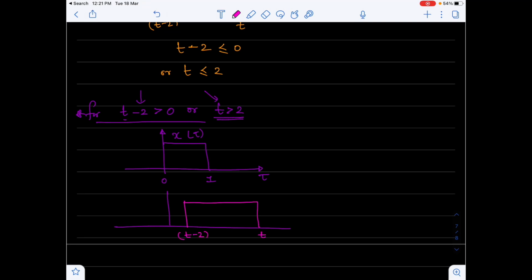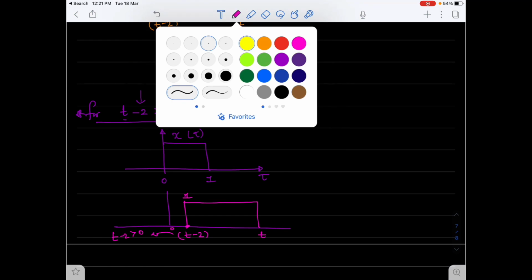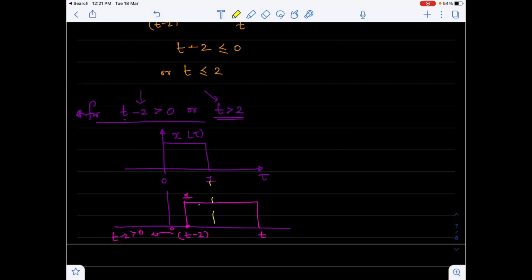Now you see this t minus 2 is greater than 0. This is 0 here, and this is the point t minus 2 and the amplitude is 1. Now you see the integration limit is not the same as previous. The integration limit is this much only. This is the common region. So you have to multiply 1 and this is also 1. So y of t is equal to the integral of 1 into 1 d tau.